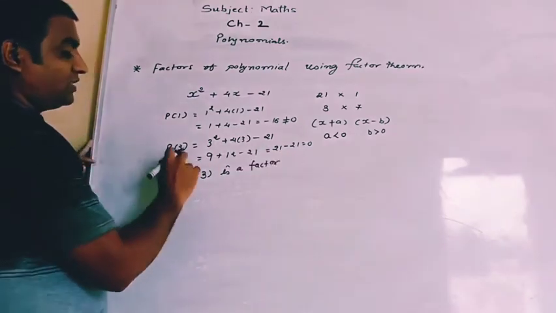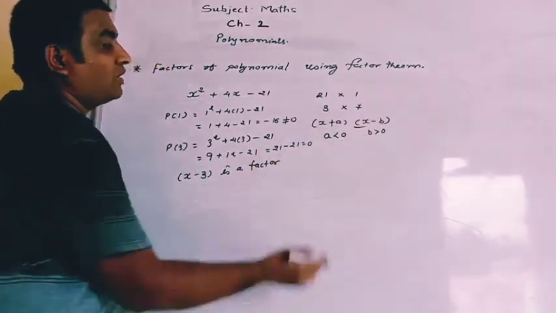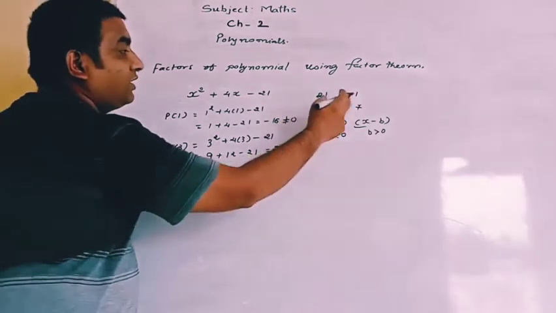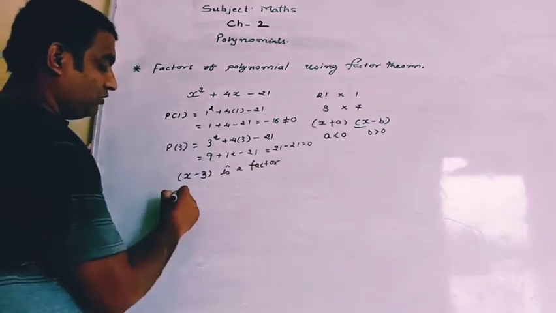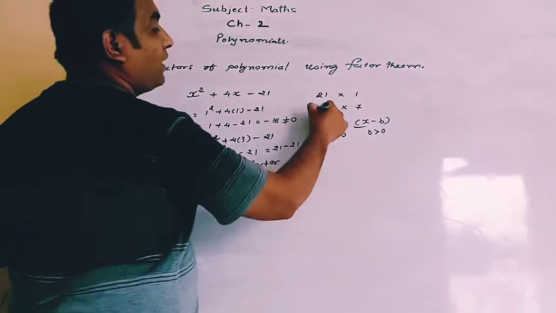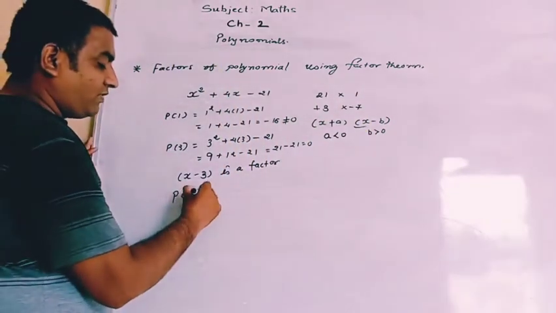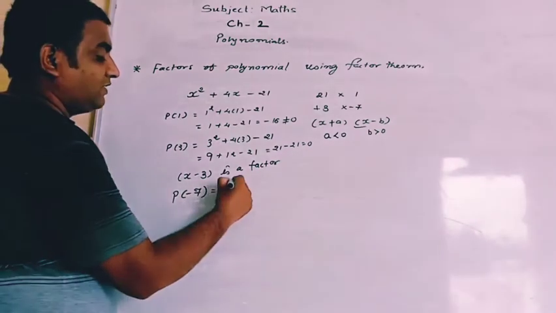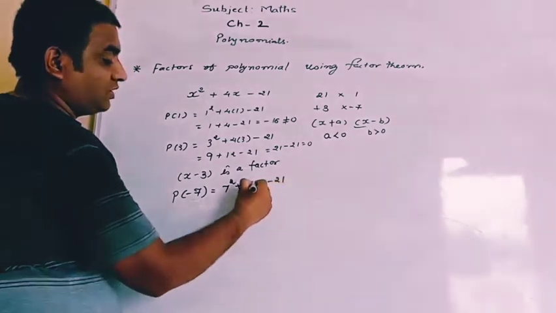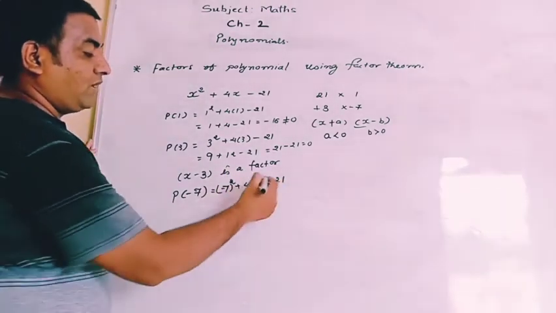Now plus 3 we have taken, so the other is minus. Now x minus 3, so one factor we got, so another factor will be x plus a. So 3 we have taken positive, then 7 we have to take negative, because here we want plus and minus, so plus 3 into minus 7 will give us minus 21. So P(minus 7) we take. Minus 7 squared plus 4 into minus 7 minus 21.